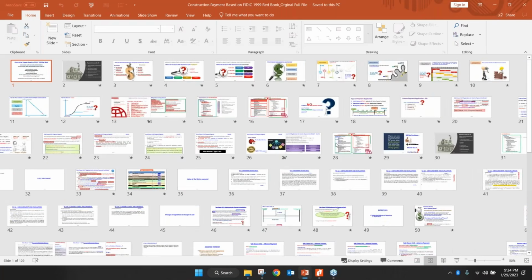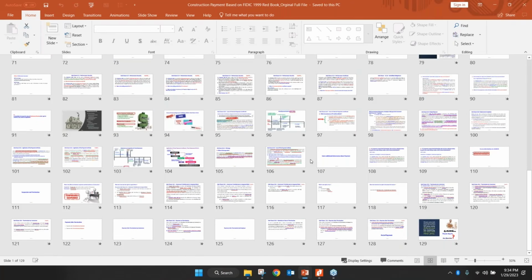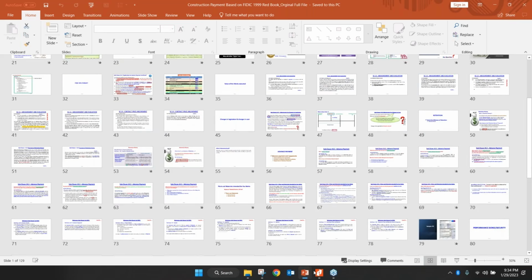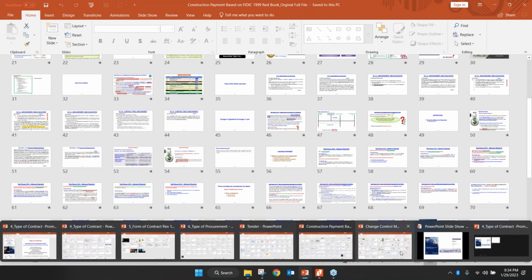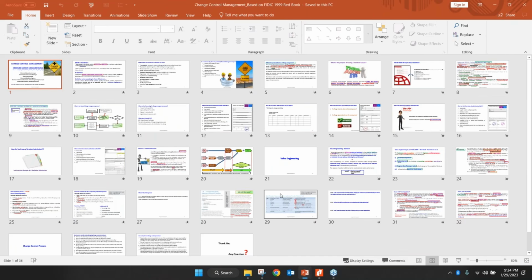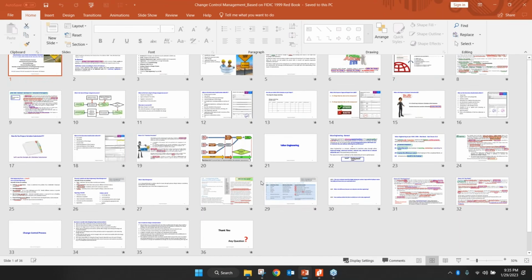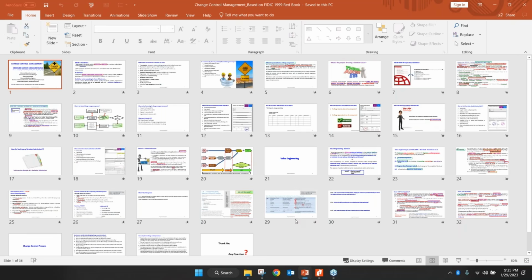If you can see, it goes into a very long discussion. If you understand the payments and the variation lecture, then you will understand mostly the contract forms mentioned in FIDIC 1999, all the processes mostly. So this is a longer learning platform.